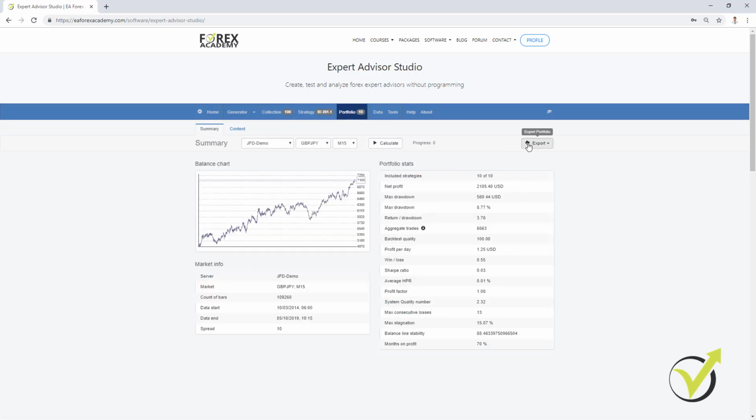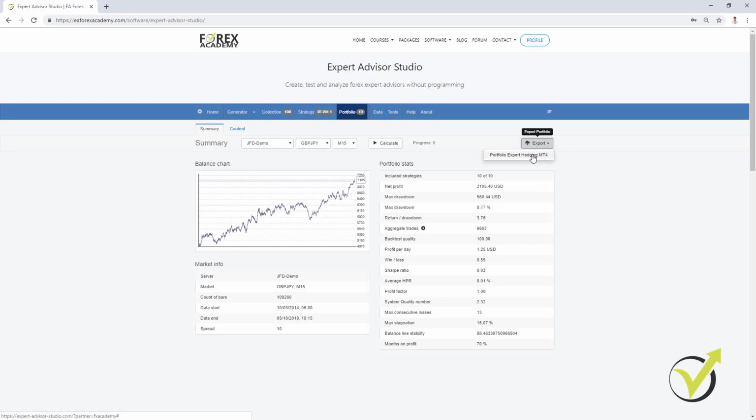And with EA Studio we can export it as a portfolio expert hedging MetaTrader 4 expert advisor. So here we don't have the MetaTrader 5 because most of the brokers on MetaTrader 5 don't allow hedging. That's why it's not available here.